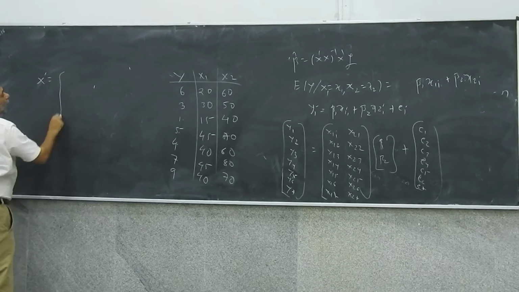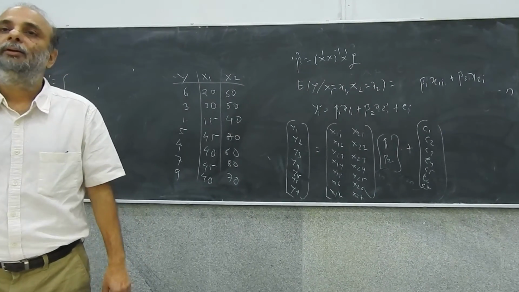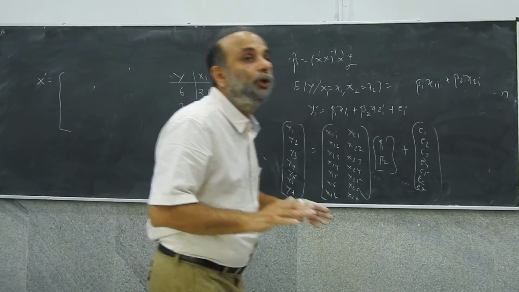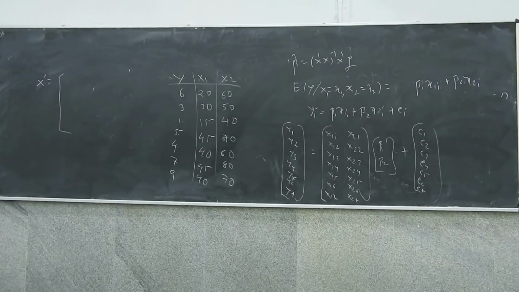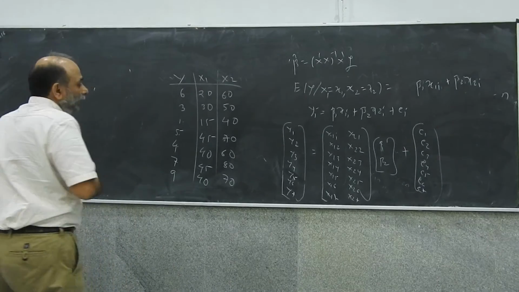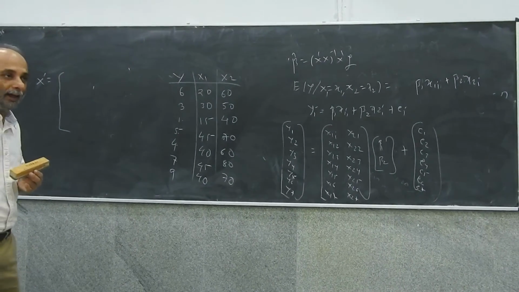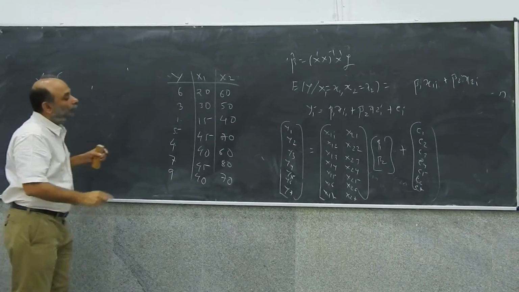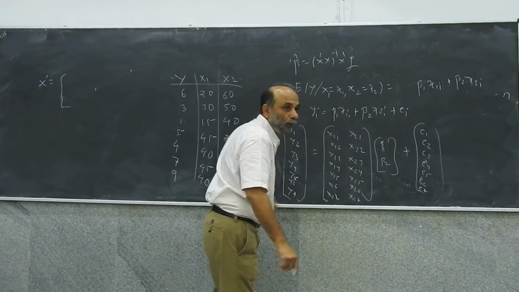What will be the dimension of X dash? What is X? X is 7 cross 2. So X dash will be 2 cross 7. So you have to transpose this matrix. The first column will become the first row and so on.